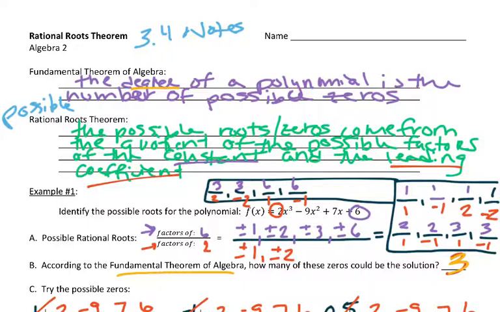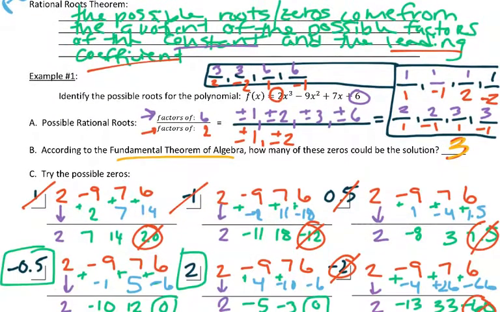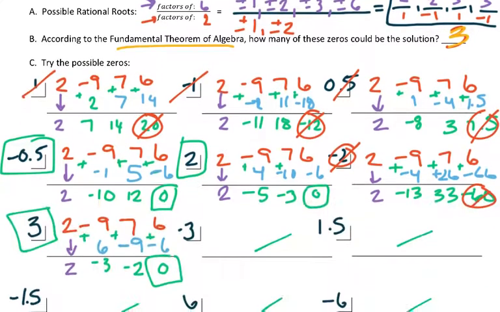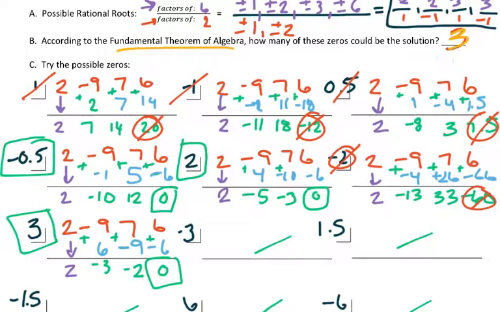So, in review, the fundamental theorem of algebra says, what's the degree of the polynomial? That's how many zeros there are. Rational roots theorem says that if you go ahead and make this fancy fraction of the constant number, the last number, and then the first number, the leading coefficient, all of its possibilities broken down, you are going to get the fact that 3 of them will work.